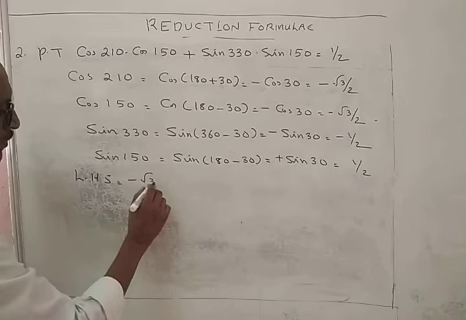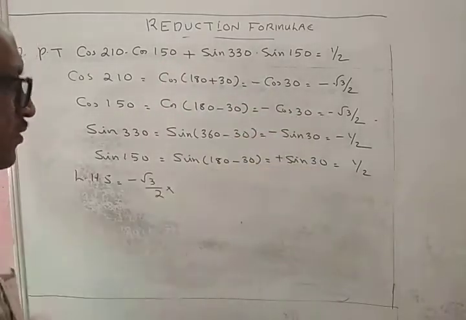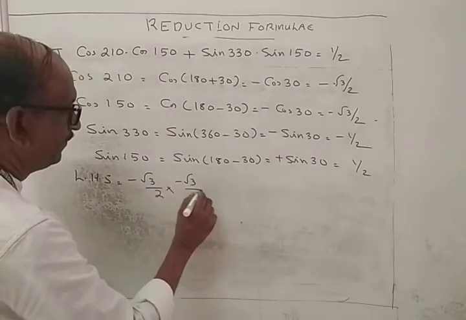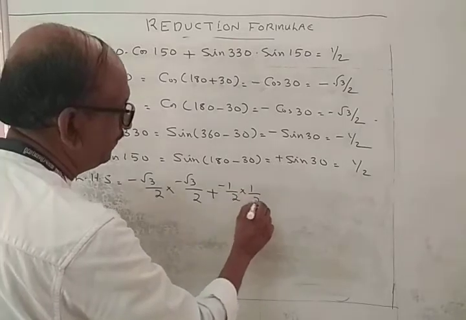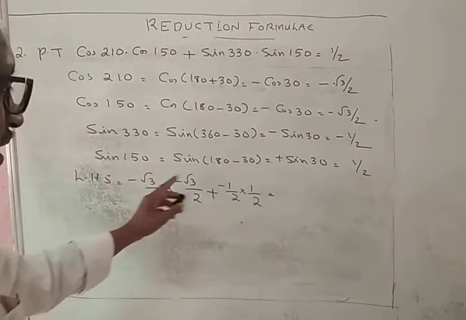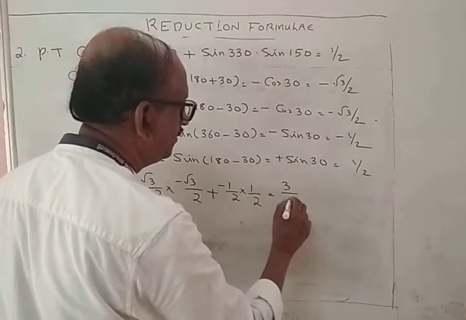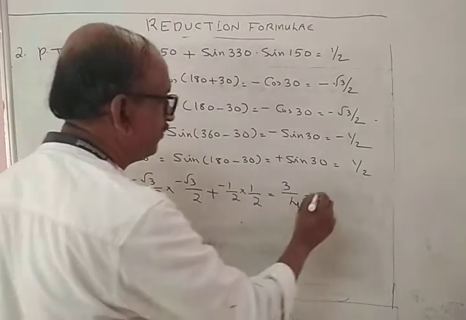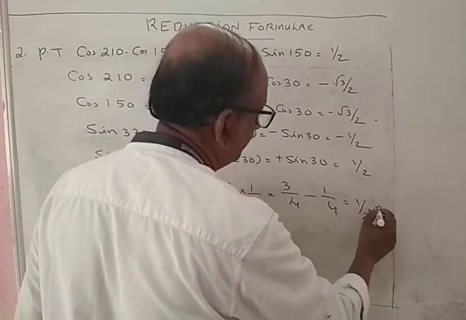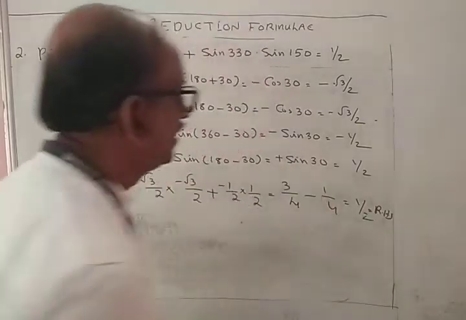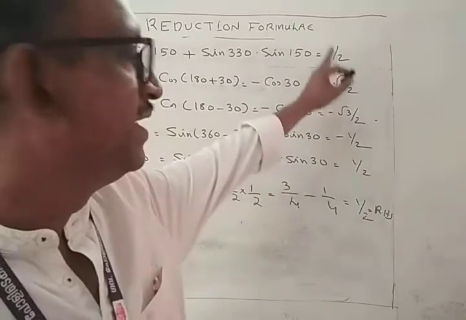Minus root 3 by 2 into cos 150, minus root 3 by 2, plus minus 1 by 2 into 1 by 2. Minus root 3 into minus root 3 is 3 by 4, minus 1 by 4. 3 by 4 minus 1 by 4 is equal to 1 by 2 after the simplification, which is equal to the right hand side.